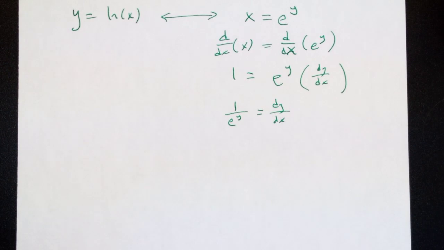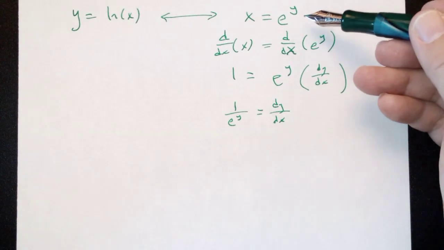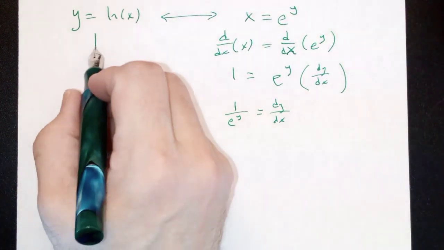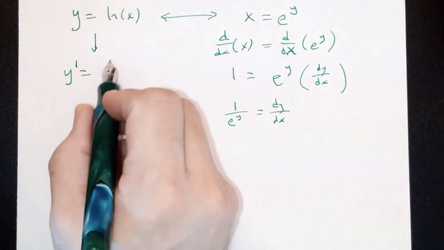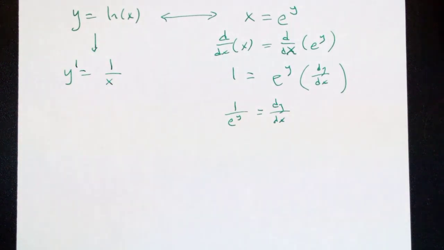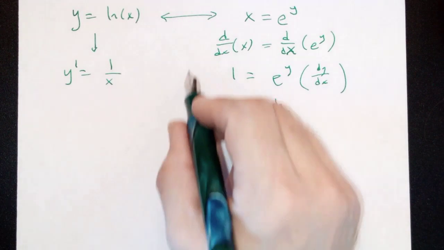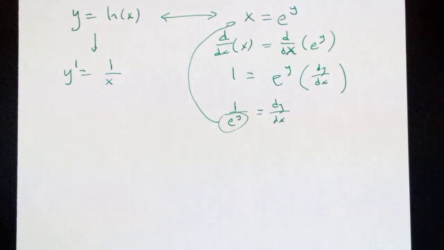It's up there. e to the y is just an x. The derivative of ln of x is 1 over x.